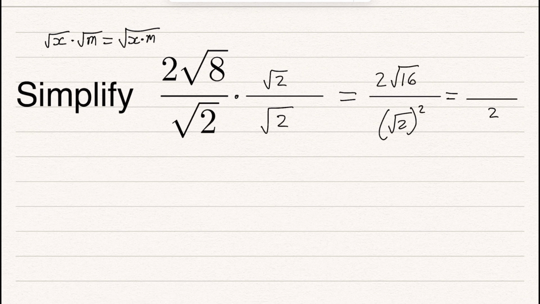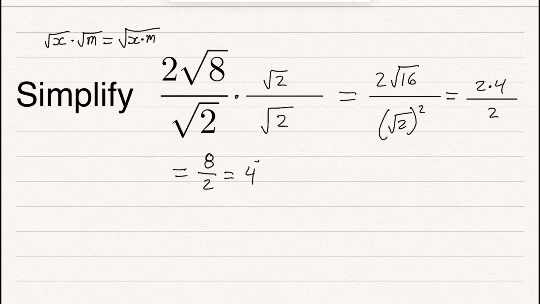Now we can look at the square root of 16 and say, is that something we can work with? And here it turns out that not only can we work with it, it's a perfect square. That becomes 4. So 2 times 4 over 2. We can work that out even further. 2 times 4 is 8, and 8 divided by 2 is 4.